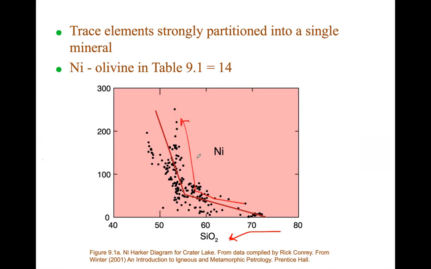You can see a deflection there around here. Deflection is there. So this indicates some special process has taken place there where a lot of olivine has crystallized. Okay, a lot of olivine has crystallized.